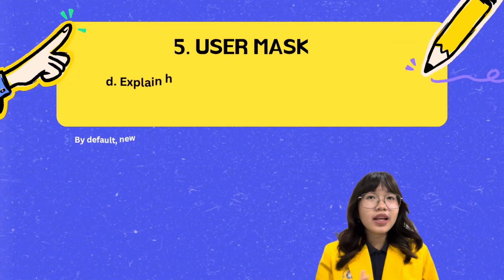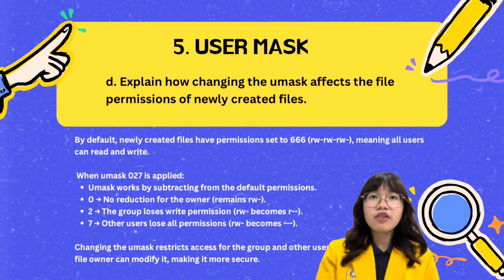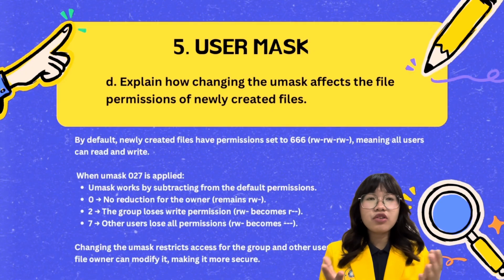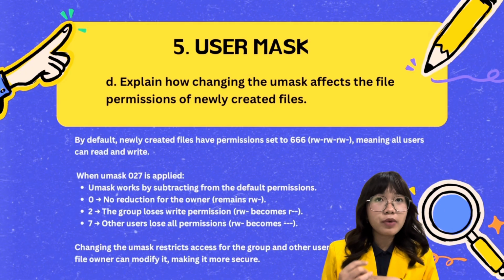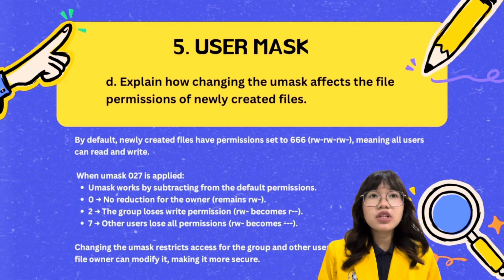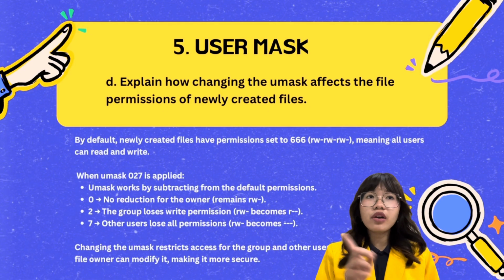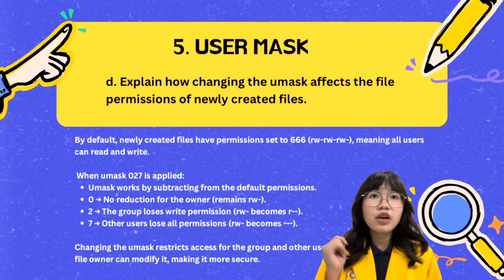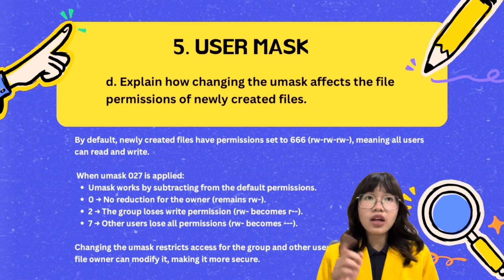D. Explain how changing the umask affects the file permission of newly created files. In this section, we will discuss how changing the umask value affects the permission of newly created files. By default, newly created files usually have the permission rw-rw-rw-, or 666, meaning the owner, group, and other users can read and write the file.